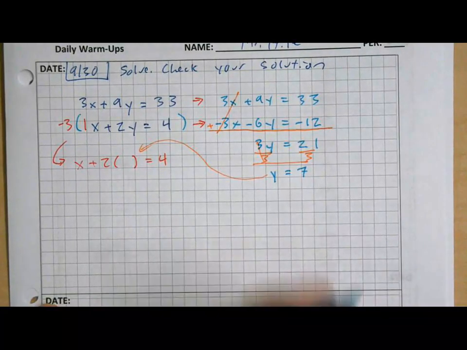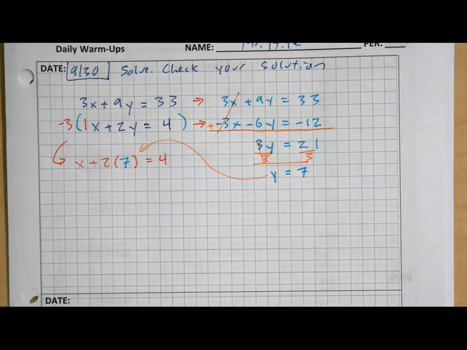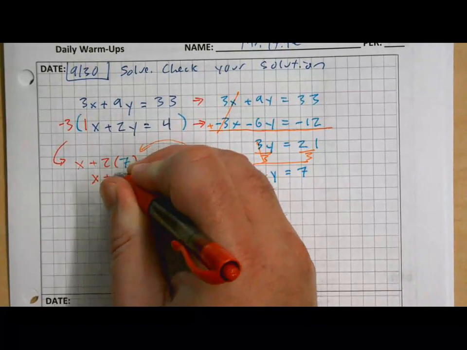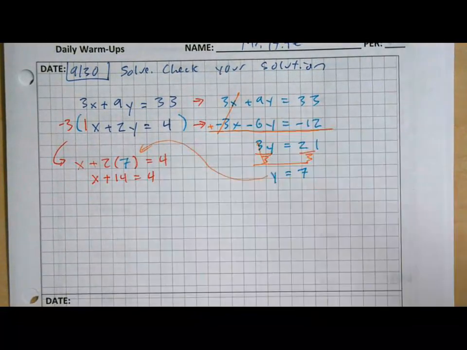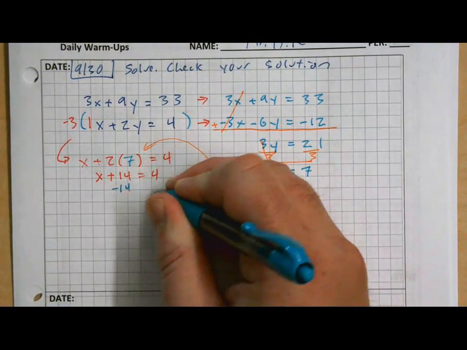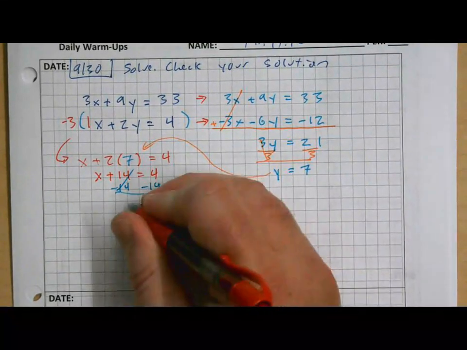My value for y is 7. So now that equation is x plus 14 equals 4, and we know how to solve that. We'll do minus 14 on both sides and get x equals negative 10.